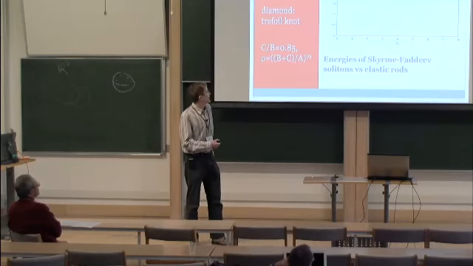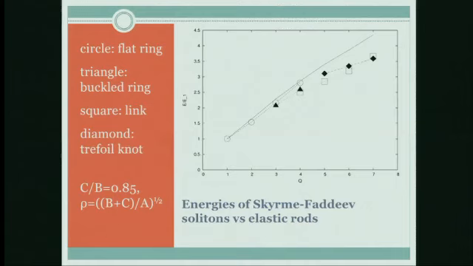And it turns out for charges 1, 2, 3, 5, 6, and 7, the minimum energy thing in the rod model has the same type as the minimal energy thing in the soliton model. The only exception is at charge 4, where actually the minimum thing in the soliton model can't really be captured in the rod model, but we do get the second lowest state.